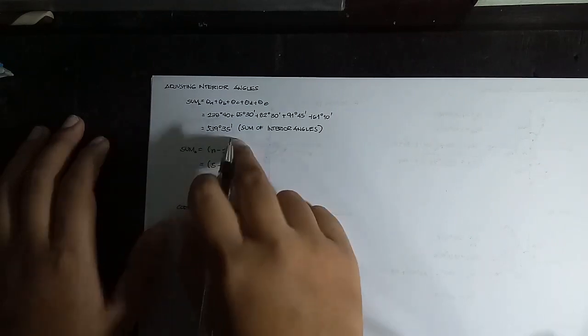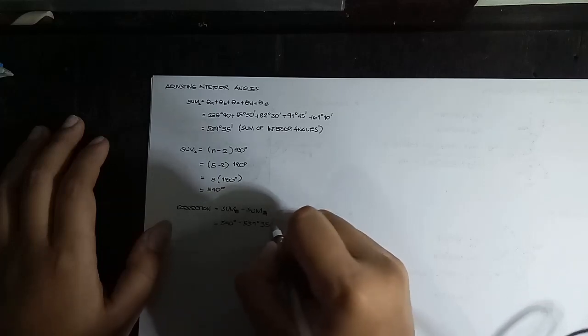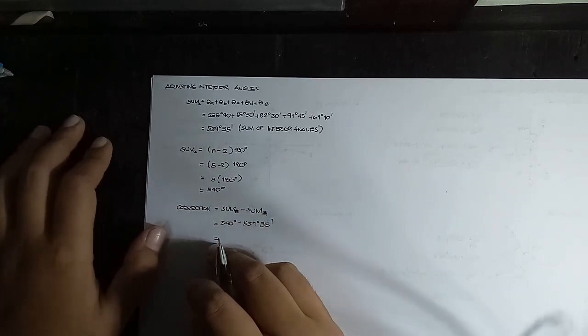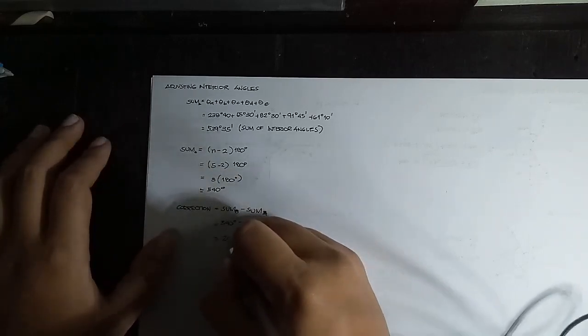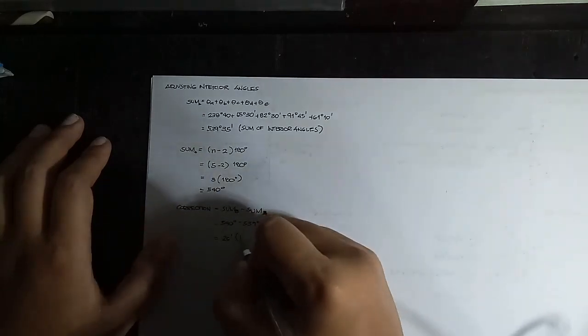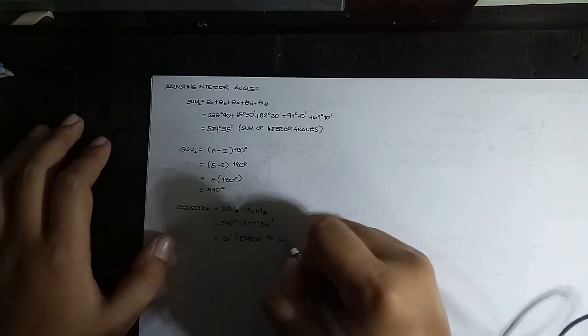So, minus 539 degrees and 35 minutes. So, ang kinalabasan is 25 minutes. Yan yung error of closure. Yan yung tinatawag na error of closure.